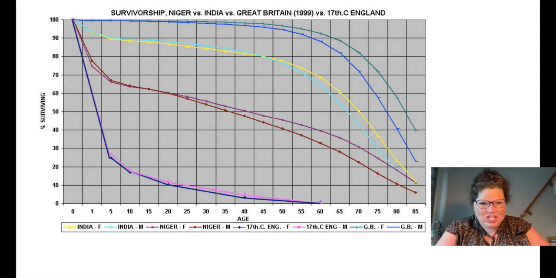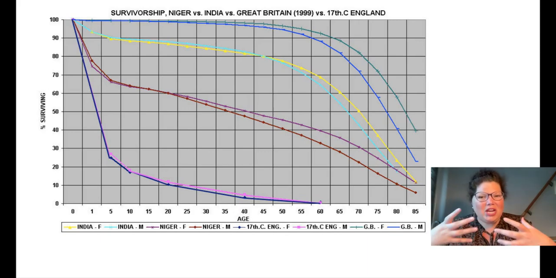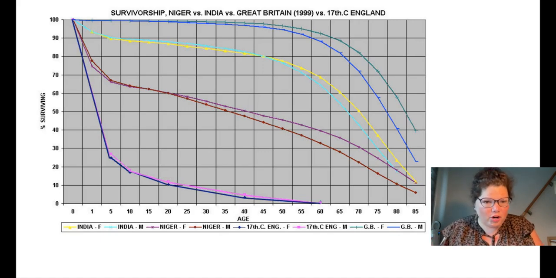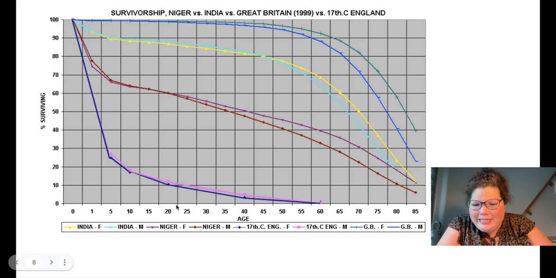But different conditions, different settings, different environmental factors can have a big change on these population curves, and especially our survivorship curves. So this pink one down here, I find so interesting.